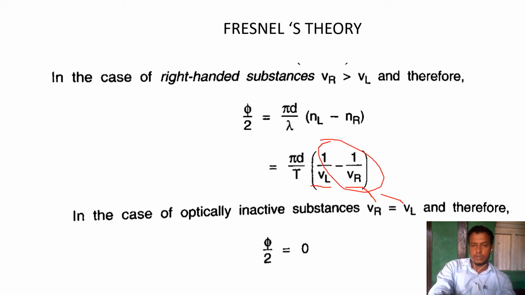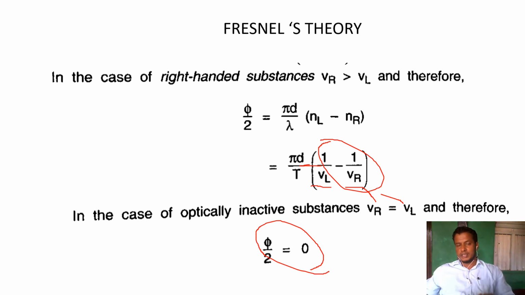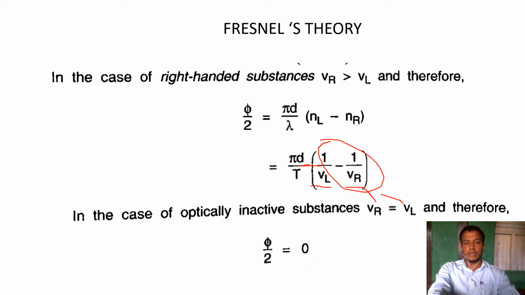This term tends to 0, and 0 into anything is 0, so they do not follow the deviation, they follow the resultant motion of the two rays. So if it is optically inactive, the light does not deviate; neither has more velocity, they have equal velocity and move in a straight line, meaning the resultant motion is along OA as we saw in the first case.